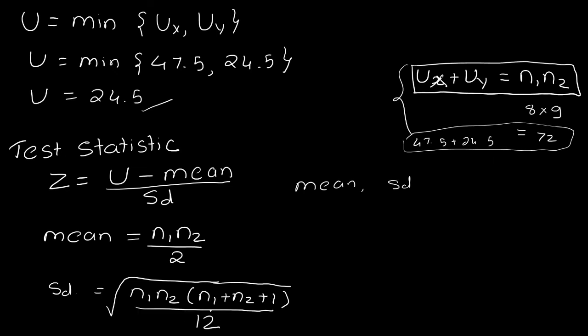Now this 12 is not only because of this example, this 12 is from the formula. So don't get confused about where this 12 has come from. It is just the formula.